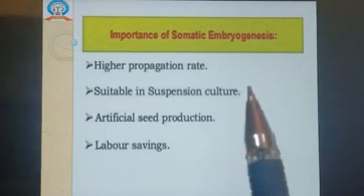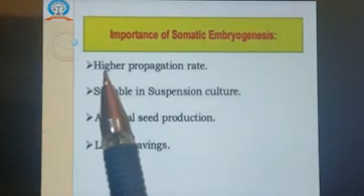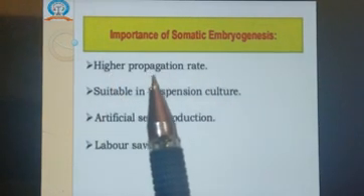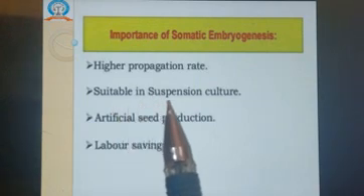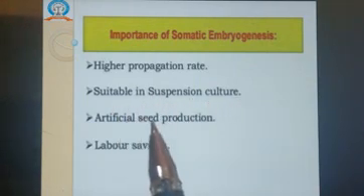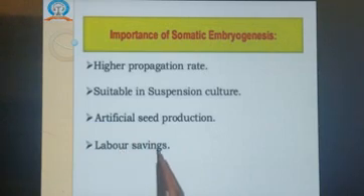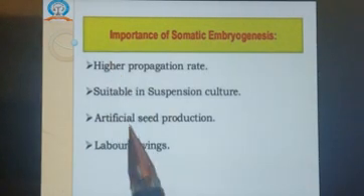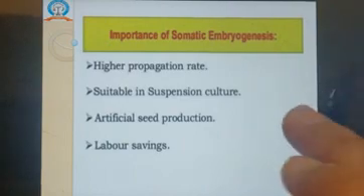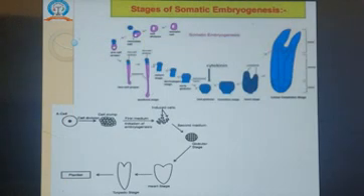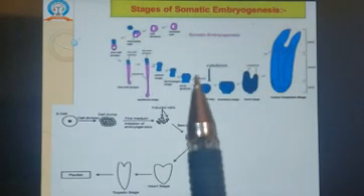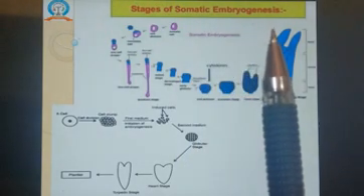So what is the importance of somatic embryogenesis? The first is the higher propagation rate, then it is suitable in suspension culture, then artificial seed production, and labor savings. This is all the importance of somatic embryogenesis. So you can see here the stages of somatic embryogenesis.